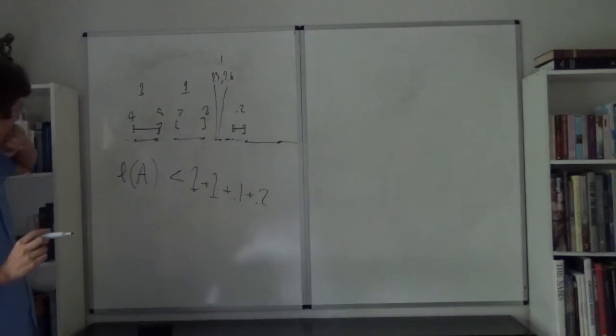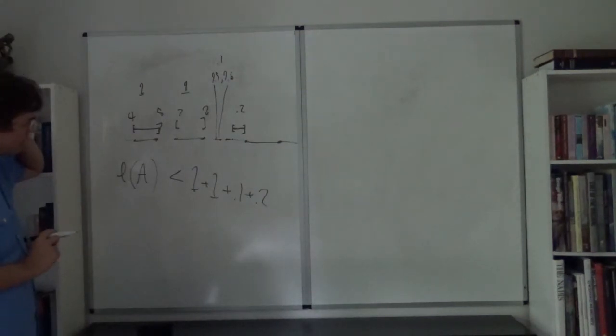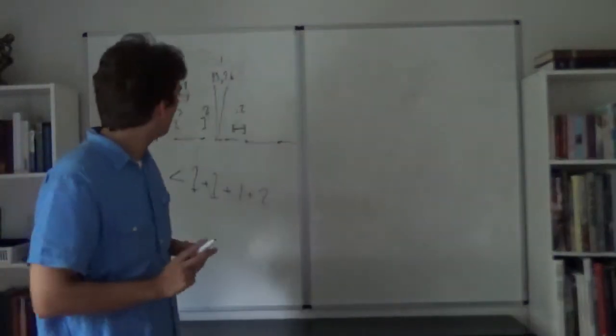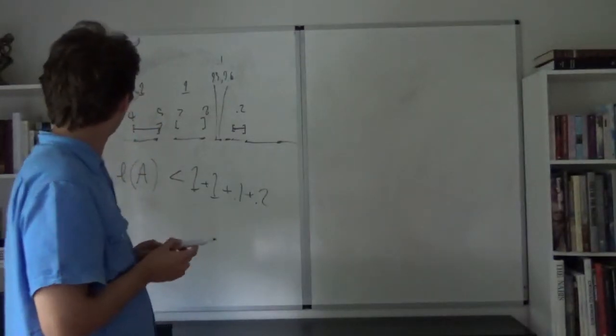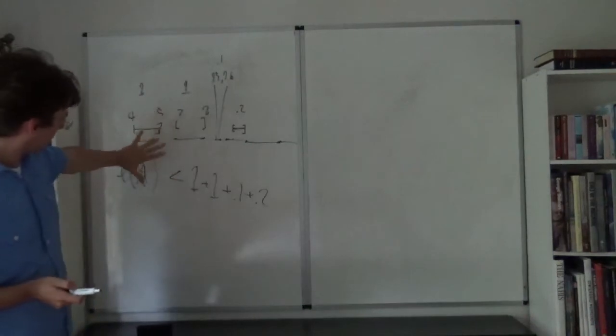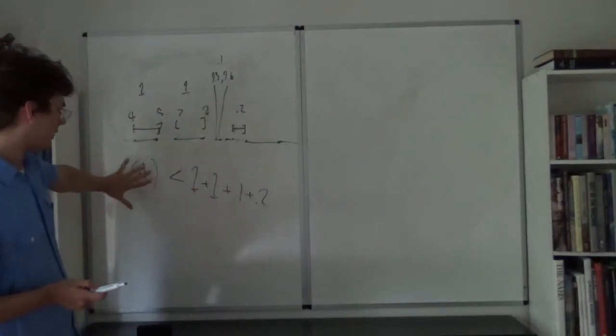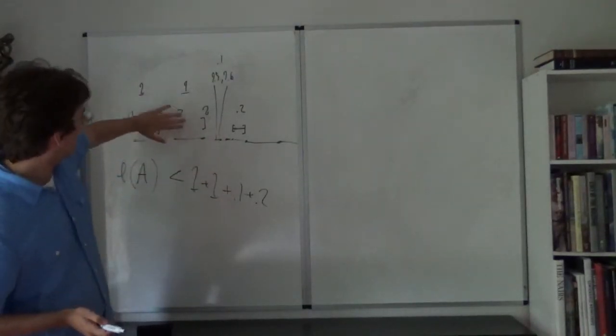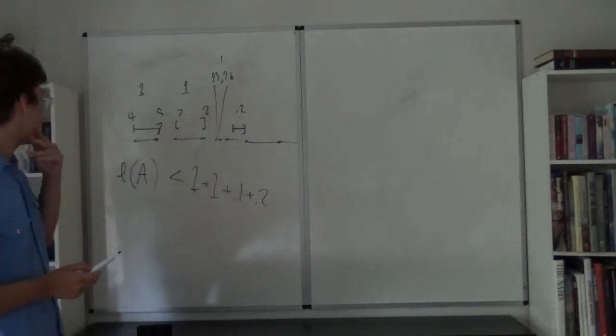Alright, so that's fine to hear, but is this relevant? Yes, this is relevant. We have this idea that we can approximate the value of this length by taking this set of intervals, okay?